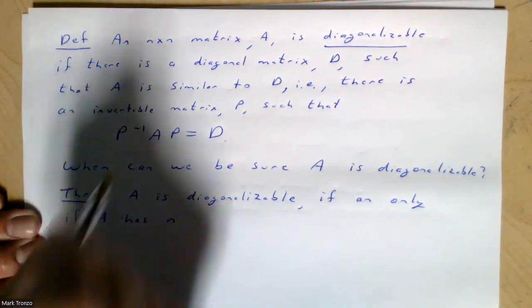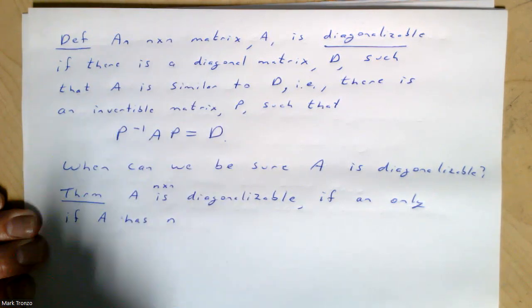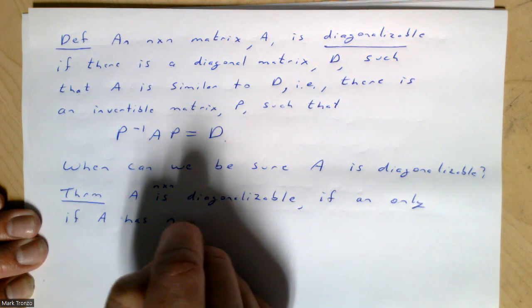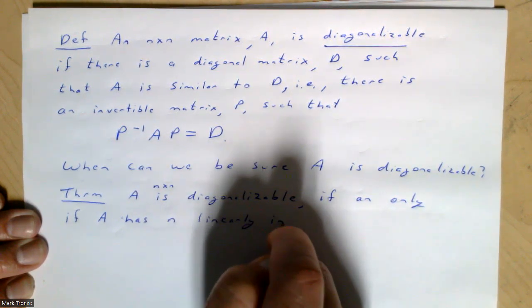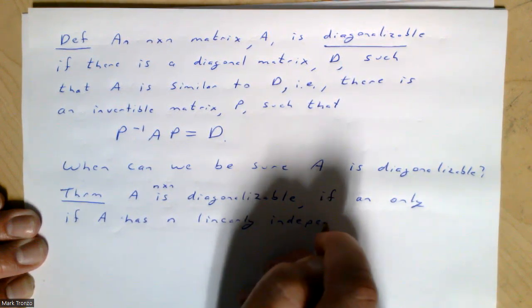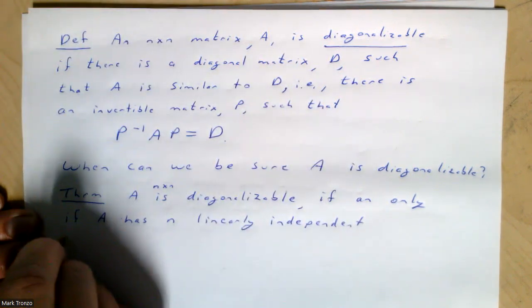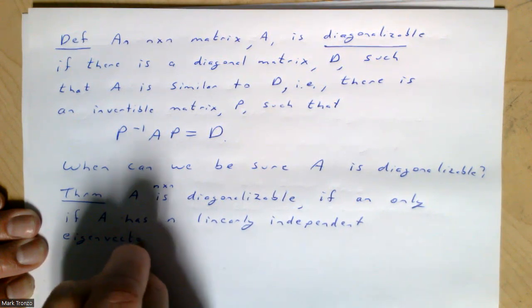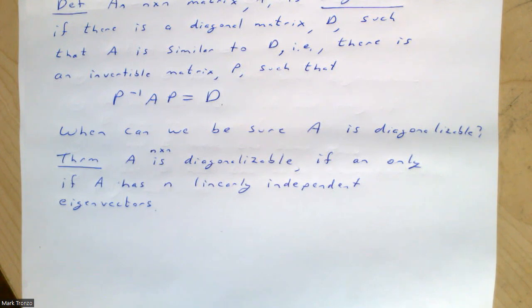Again, we're assuming A is an n by n matrix. So if it has n linearly independent eigenvectors, it's diagonalizable.